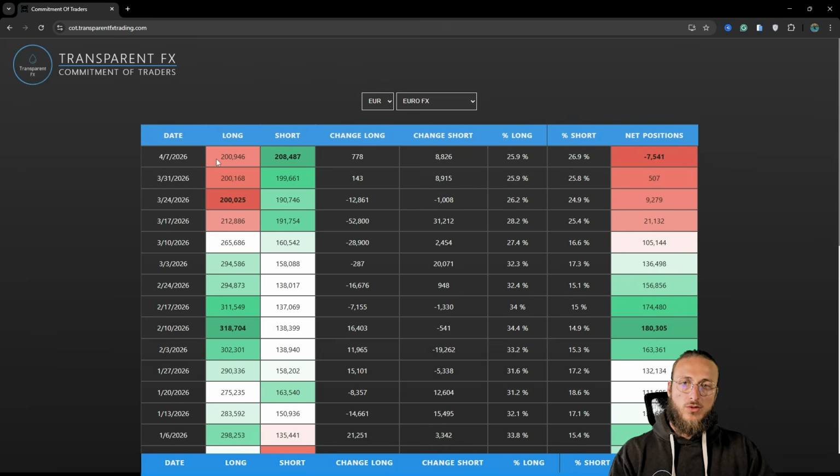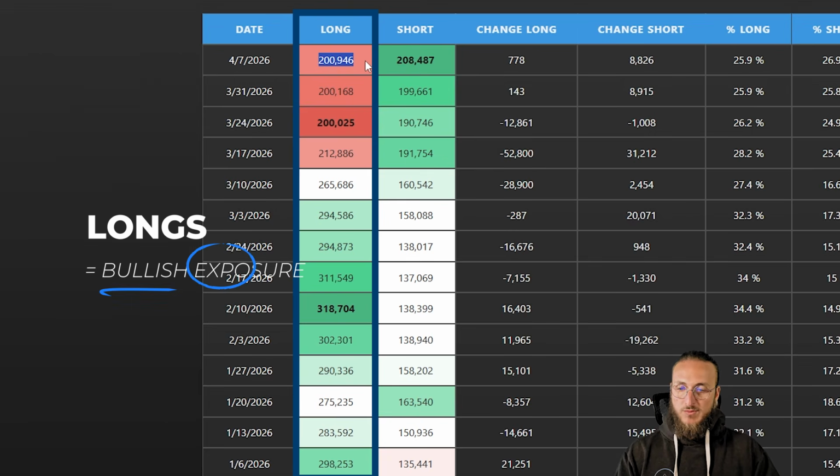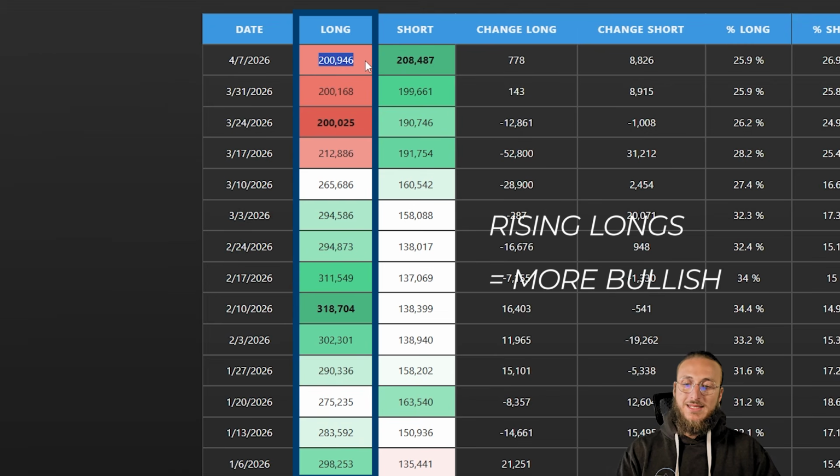Now, let's start with the amount of longs. This tells you how many long contracts are currently being held by the non-commercial side that I am tracking in the software. So in simple terms, this is the bullish exposure. If this number is going up over time, that means this group is increasing long exposure.